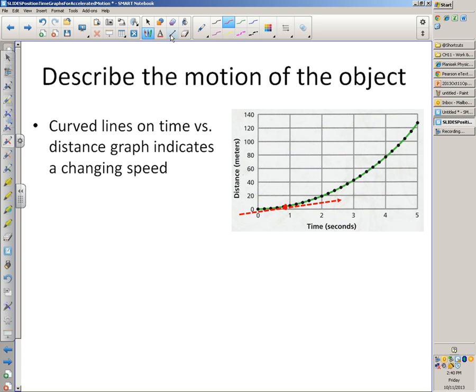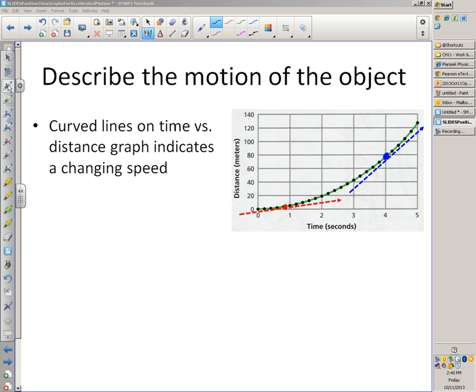But this line only touches the graph here and nowhere else. On a curved position graph, the slope of the tangent line tells us the velocity at that moment.